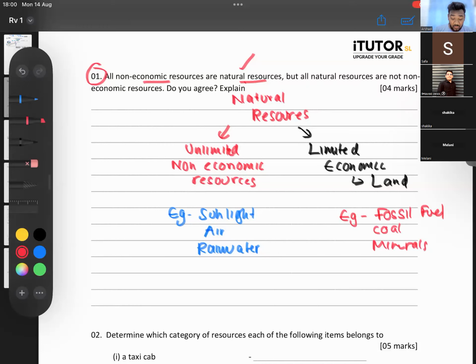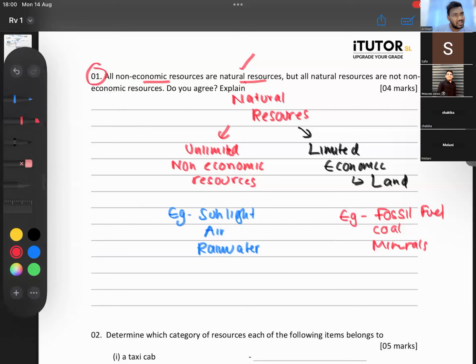So can you say that all natural resources are non-economic? No. This is the story you have to explain. You have to say that all non-economic resources are natural resources, for example sunlight, air, rainwater. However, all natural resources are not non-economic, because there are certain natural resources which are limited, while some are unlimited.